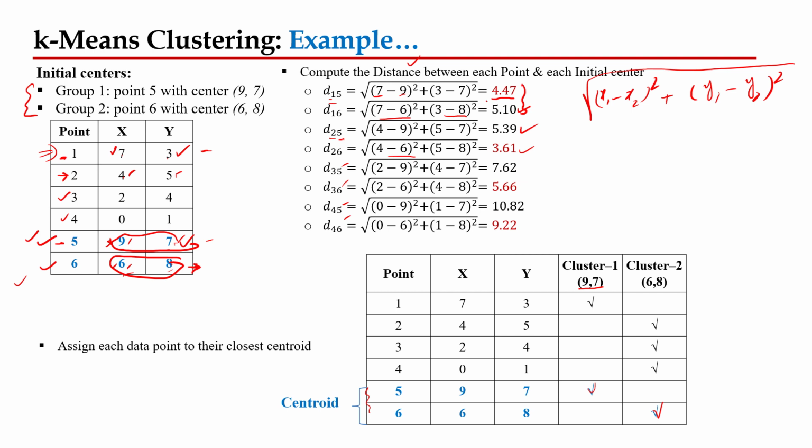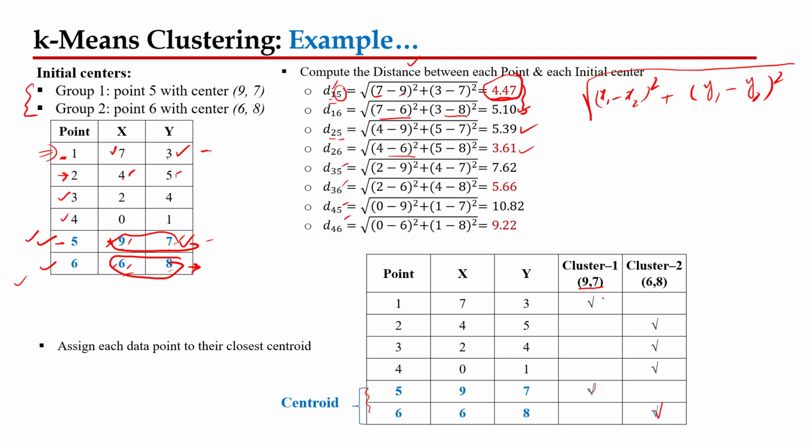Now we are going to see whether data point number 1 belongs to which cluster. The smaller the distance, that means that data point is going to lie in that particular cluster. If we compare these, the smaller distance is 4.47, which means data point number 1 is closer to point number 5, which is cluster 1's center point.